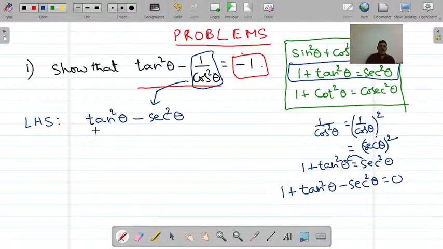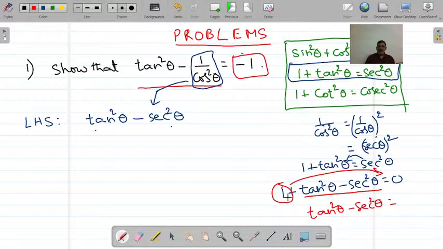Now I have only tan square theta minus secant square theta, means I want only this much. So send the 1 to the other side. So tan square theta minus secant square theta is equal to this plus 1; if you take it to the other side, it becomes minus 1. So that's why I can say it is minus 1.